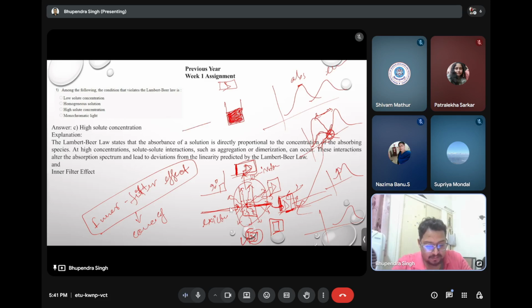And this is your excitation light, this is your tungsten bulb glowing. Let's say light is going here, excitation. Now tell me what will happen.